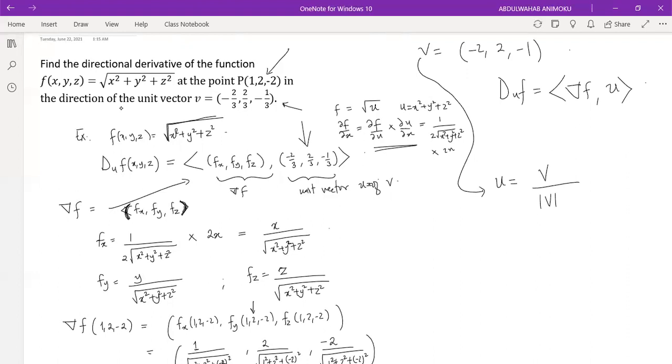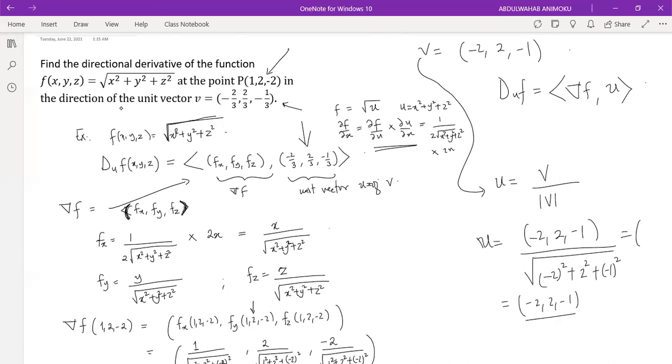Now, what is the length of v? The length of v is the square root of the sum of the squares of each of the components. This is how to find the length of any vector. That would have given us minus 2, 2, minus 1 over 3, the square root of this being 3, which is actually what the question has done for you.